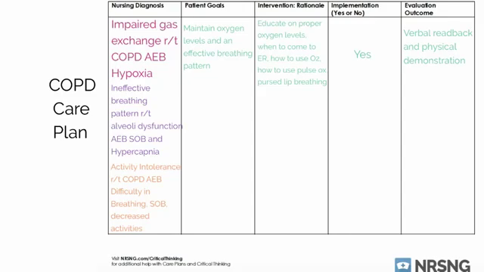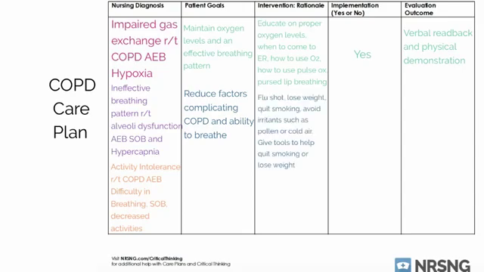So the next patient goal is to reduce factors complicating COPD and their ability to breathe. This is a very large patient goal, or it can be a large patient goal. It usually entails things like quitting smoking, losing weight if they're having a weight issue, avoiding irritants like smoke or pollen, cold air, things like that.